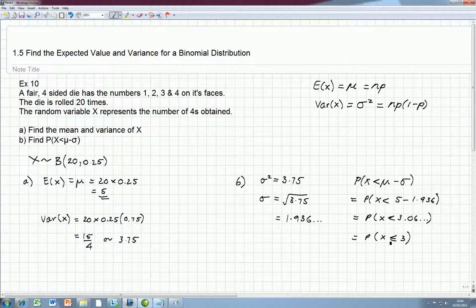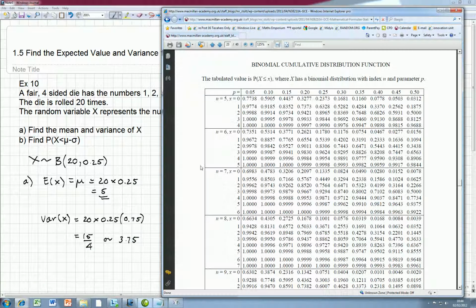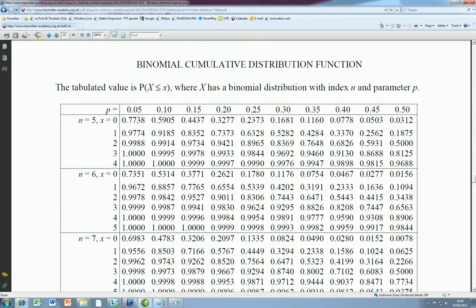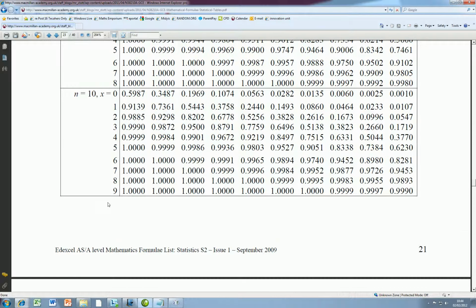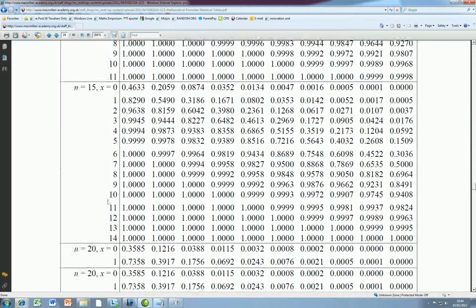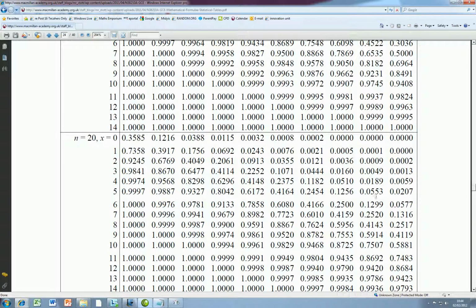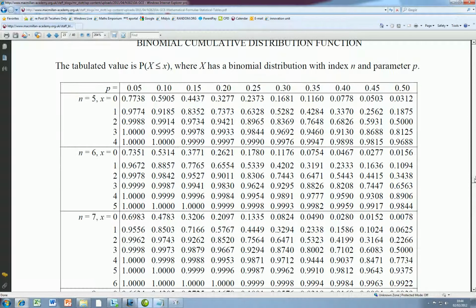And that's just a job for our binomial table now. So we've got to think, okay, we've got 20 trials, probability of 0.25, and we want x less than or equal to 3. So I'm going to flick to the table. There's our table. We've got 20 trials, so let's scroll down and find n equals 20. There it is. Probability of 0.25.